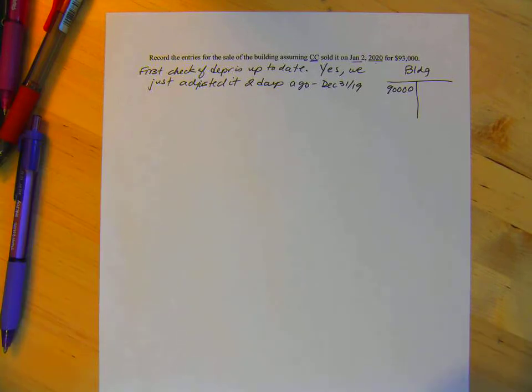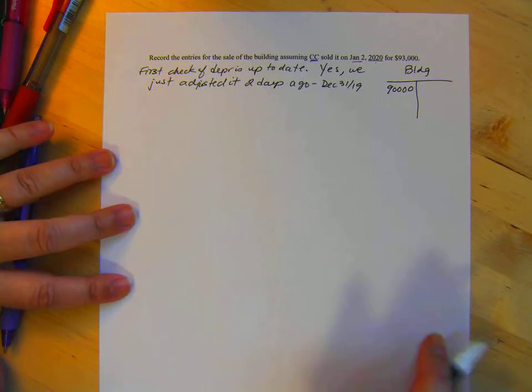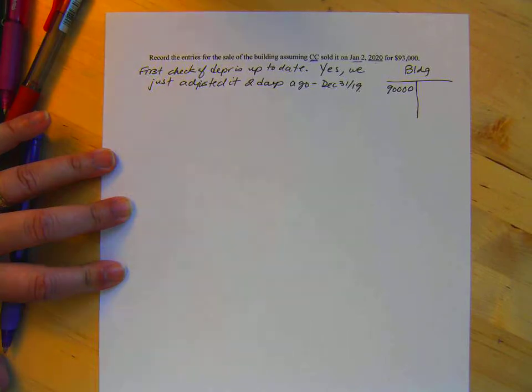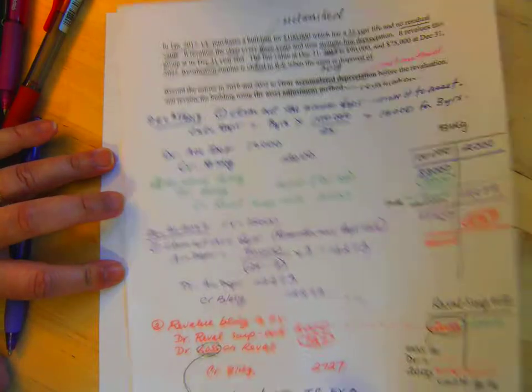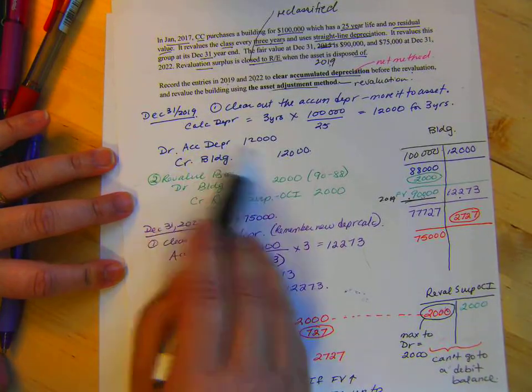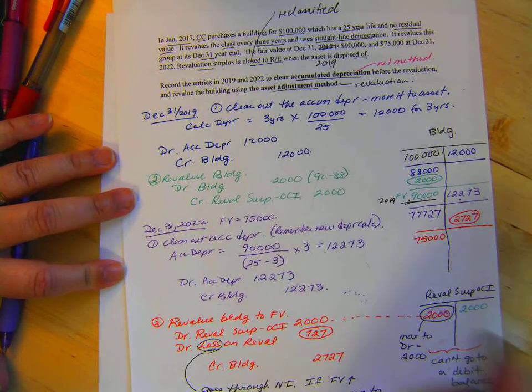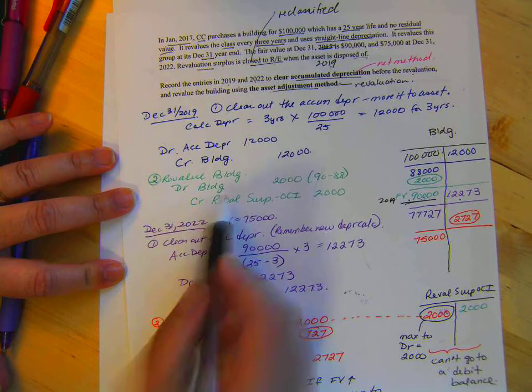So, what is the balance in accumulated depreciation if we just adjusted it on December 31, 2019? What did we do with accumulated depreciation? Closed it off. It's 0, right? And then we revalued the building.